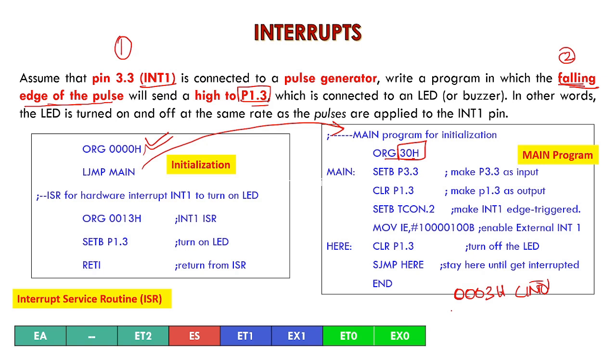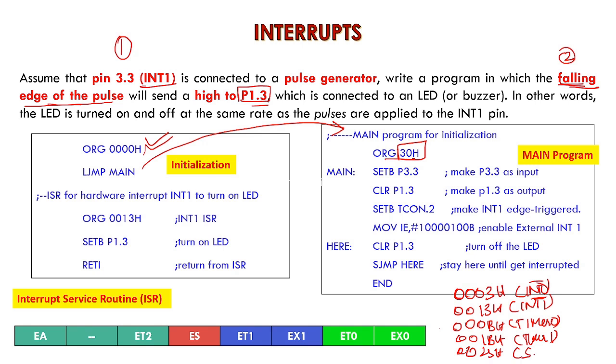Next is 0013H. This is for INT1. Next is the timer interrupt 000BH. This is timer 0. Then 001BH is for timer 1. Next is 0023H.